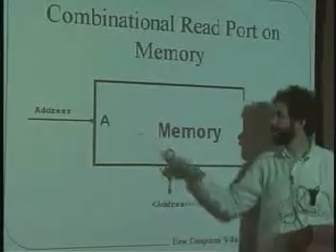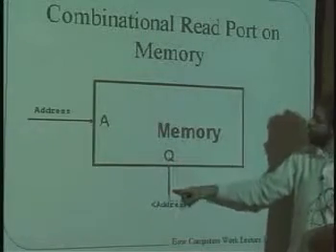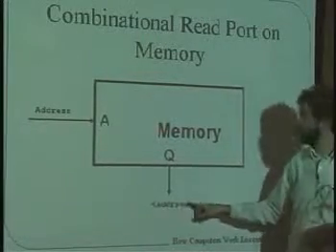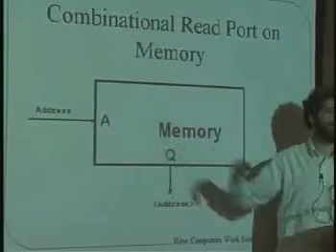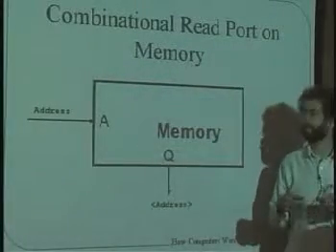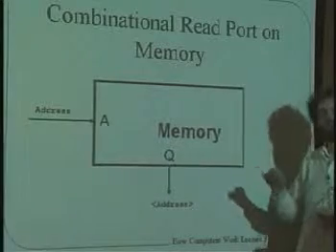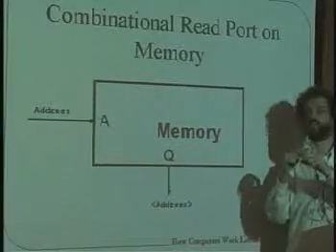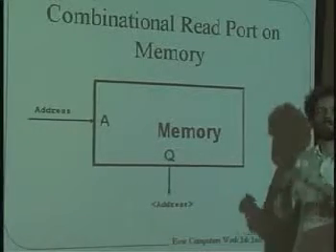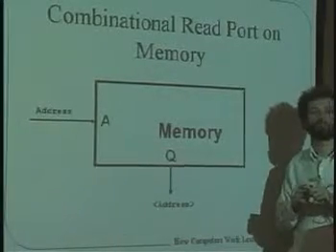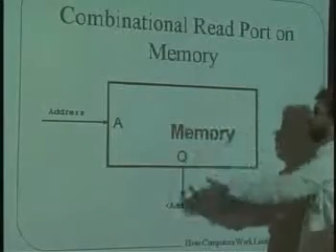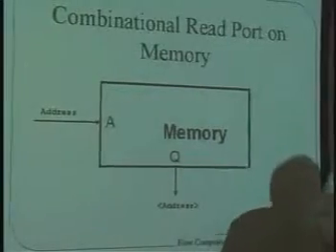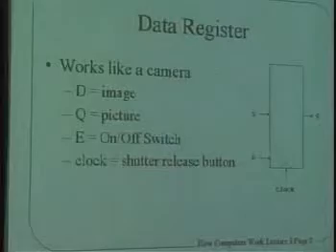So it goes in A and it comes out Q, and what comes out is the contents of the address given by A. So it's just looking things up. And remember, the address is nothing more than a measure of how far from the beginning of the memory is the data that you're trying to find. And this is, of course, set up as a bunch of 32-bit words. So that seems pretty straightforward.